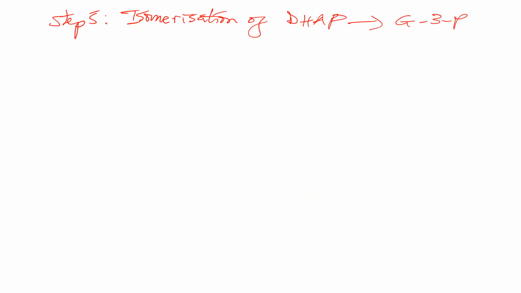So step number 5 is a very easy step because this is basically the isomerization of dihydroxyacetone phosphate into glyceraldehyde 3-phosphate.